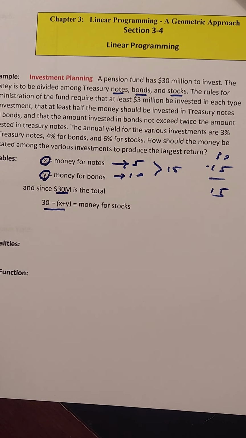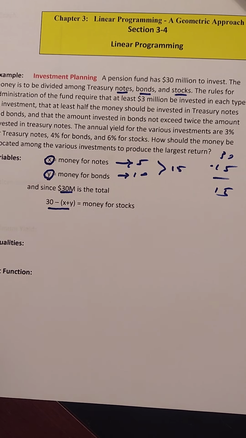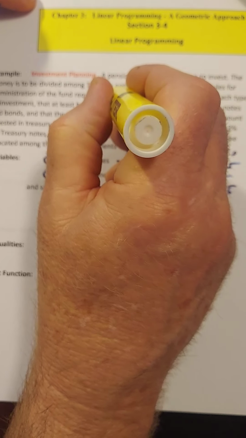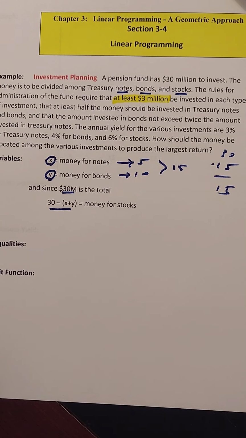Okay, so now what about the inequalities? This is one that you can't really come up with a table. It'd be kind of hard to do. Okay, so each of these has to be at least 3 million.